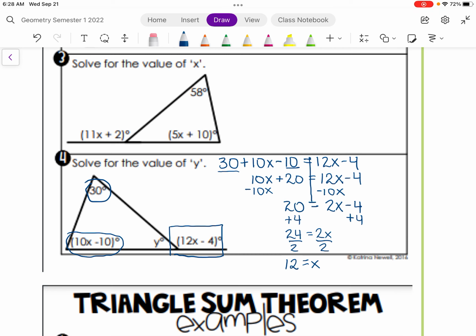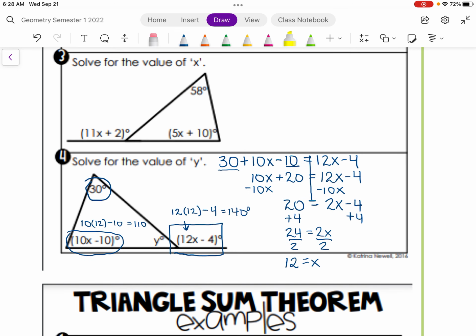We can think about the whole triangle being 180 and plugging in 12 for the single. Okay, so 12 times 10 is 120, minus 10 is 110. We could also plug it in right here to see that 12 times 12 is 144, minus 4 is 140.